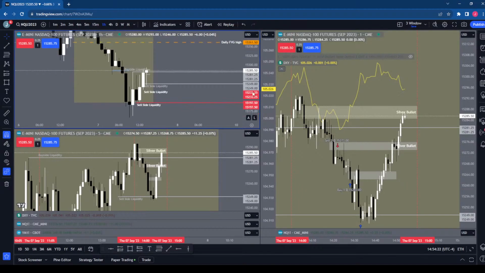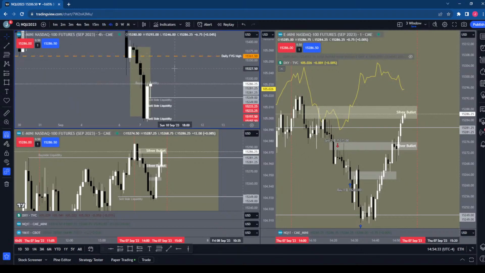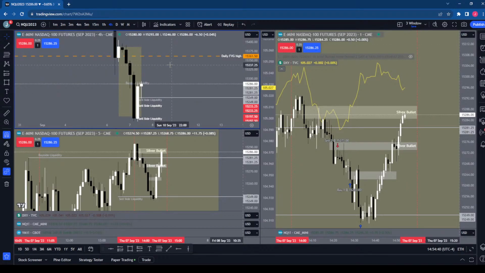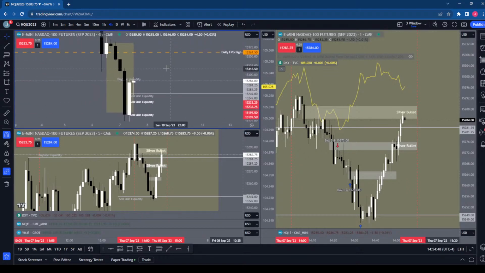Look at the higher time frames on the top left. This 4-hour SIBI could be possibly drawing into.